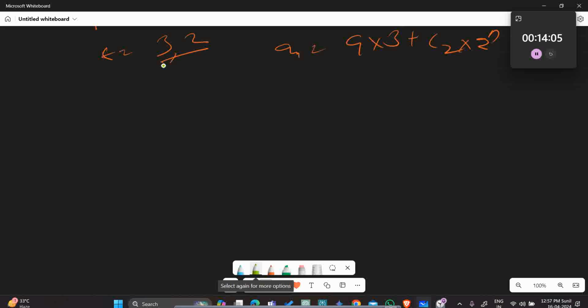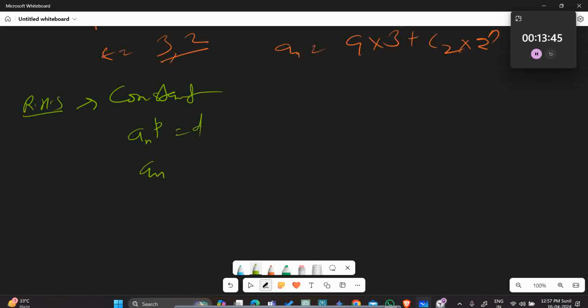Next, the RHS is constant here. So a of n p is equal to d. Then a of n is equal to d. d is equal to 5d minus 6d plus 5. d is equal to 5 by 2, like this. Is it correct?